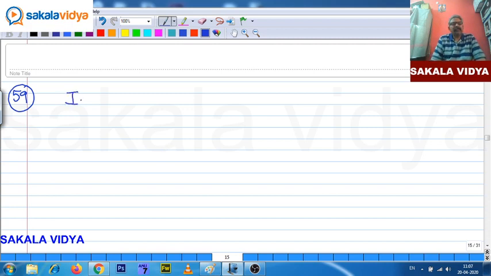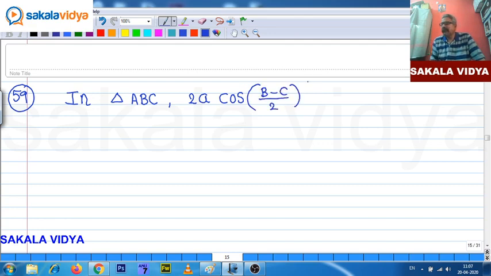In triangle ABC, 2a cos of (b minus c) by 2 equals b plus c.